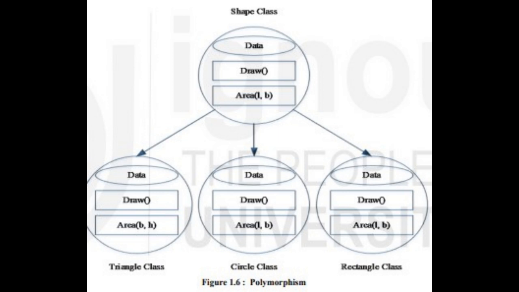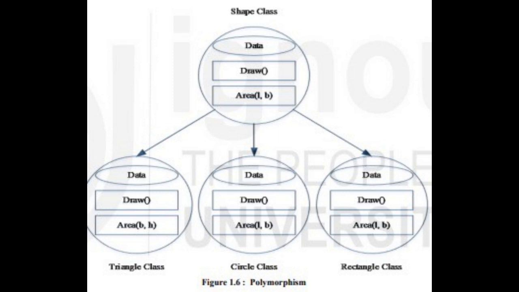The polymorphism principle is divided into two sub-principles. They are static polymorphism and dynamic polymorphism. Static binding is also called early binding or compile time binding of the method. Method overloading is compile time polymorphism where more than one method shares the same name with different parameters or signatures and different return types.